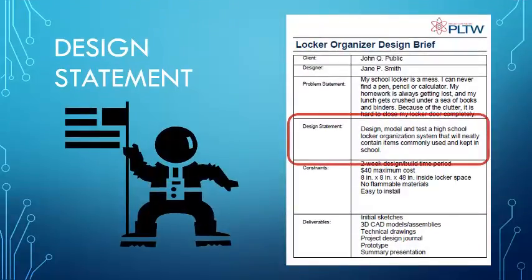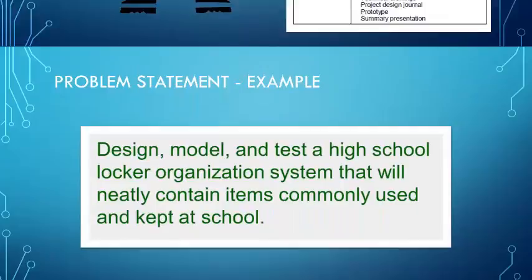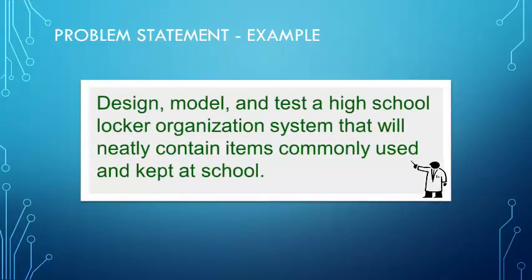Next is the actual design statement. Now, the design statement basically challenges the engineer to take some type of action and what they're going to do. So again, let me show you a quick example. So in this case, the design statement reads, design, model, and test a high school locker organization system that will neatly contain items commonly used and kept at school.